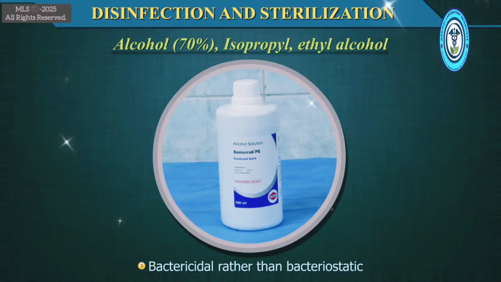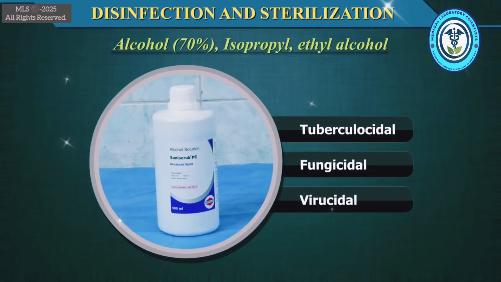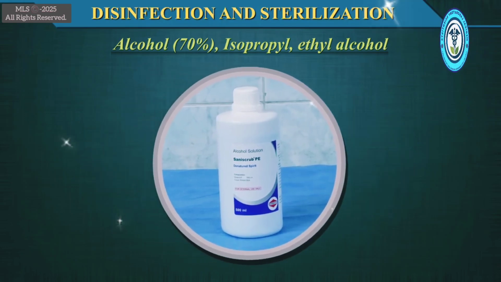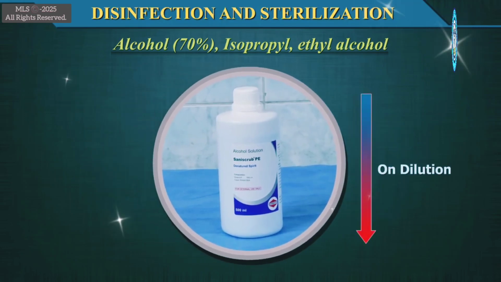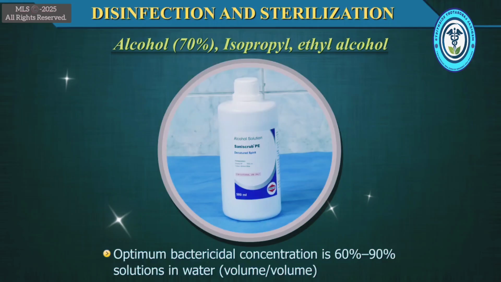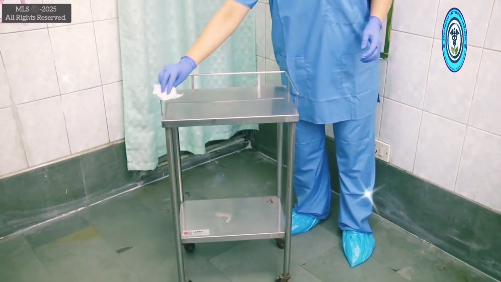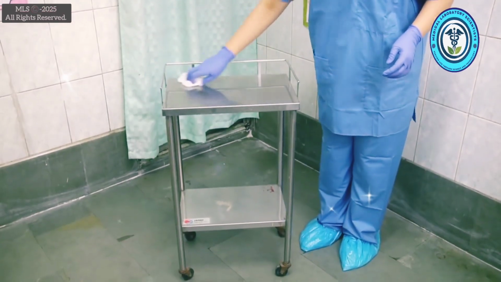They also are tuberculocidal, fungicidal, and virucidal, but do not destroy bacterial spores. Their cidal activity drops sharply when diluted below 50% concentration, and the optimum bactericidal concentration is 60% to 90% solutions in water. Recommended use: smooth metal surfaces and tabletops.